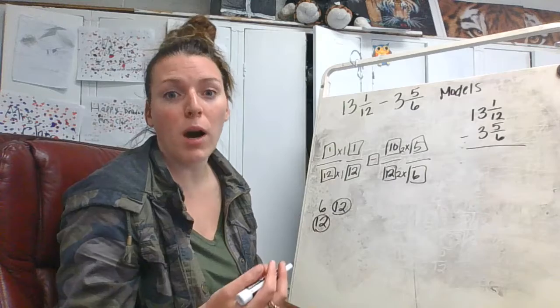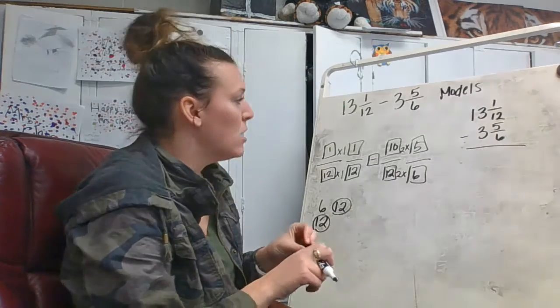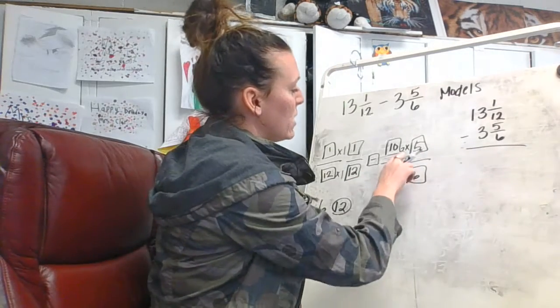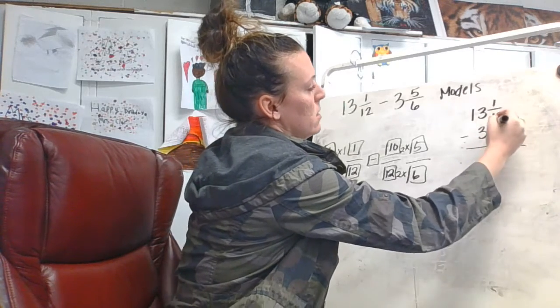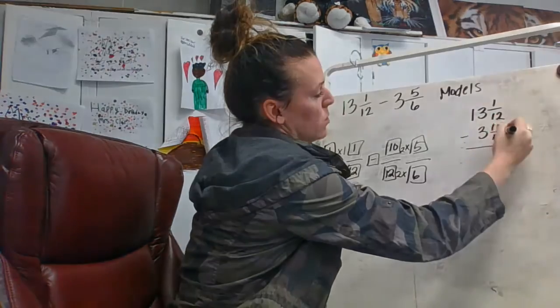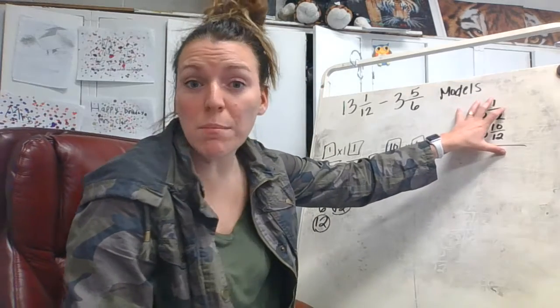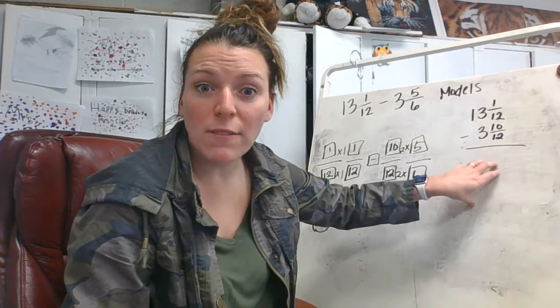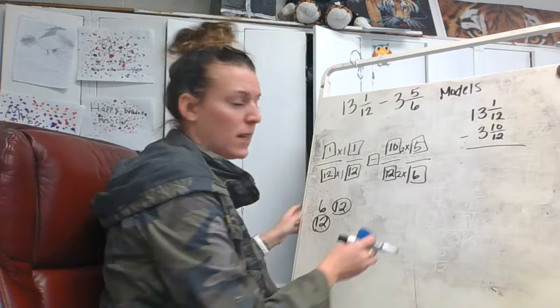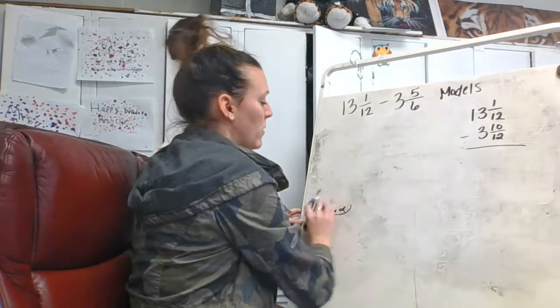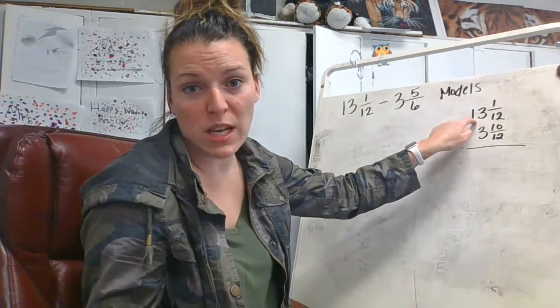So this is where our models are going to come in. Okay, so we have to change our 5/6 to 10/12. Now, when we're doing the model way, all we have to do is draw these out. Now, just for room, I'm going to go ahead and erase this because we've got a lot of whole numbers in 13.